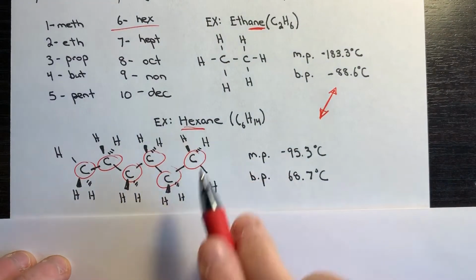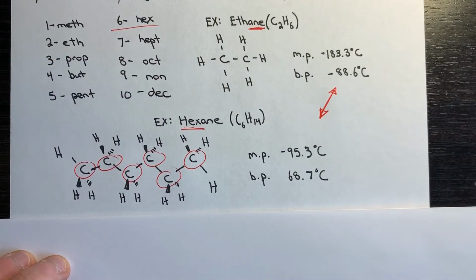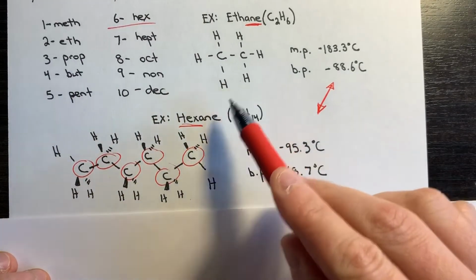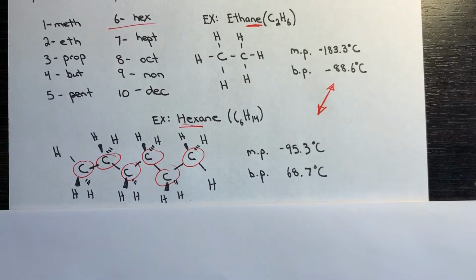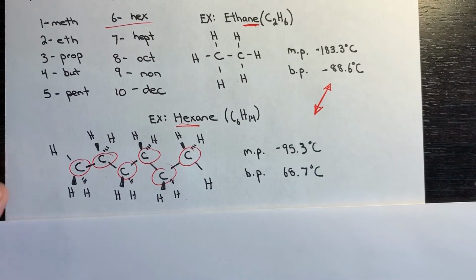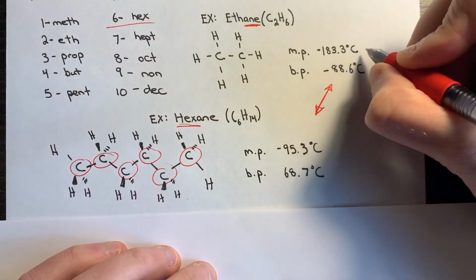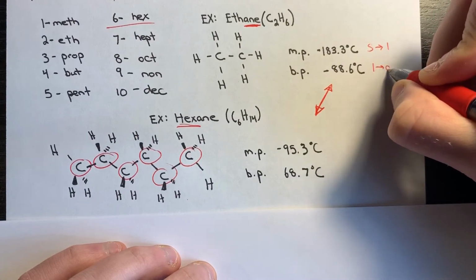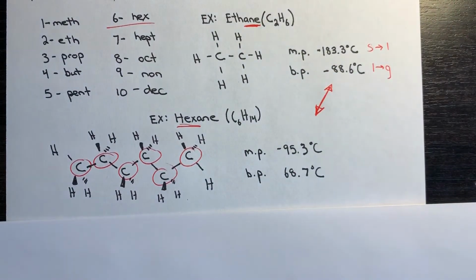What we find is that for hexane, we have a substantially higher melting point and boiling point. And again, the reason behind that is because, well, first I guess we should identify that both of these are nonpolar molecules, right? And if both of them are nonpolar, the only type of intermolecular force that would need to be overcome as we transition, say, from solid to liquid in the case of melting, or perhaps liquid to gas, in the case of our boiling point, would be intermolecular forces, right?